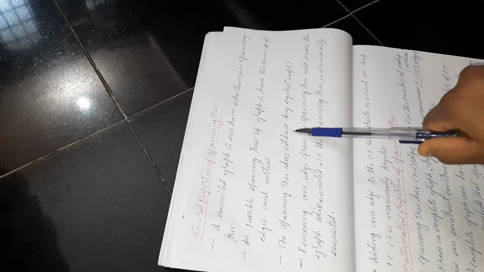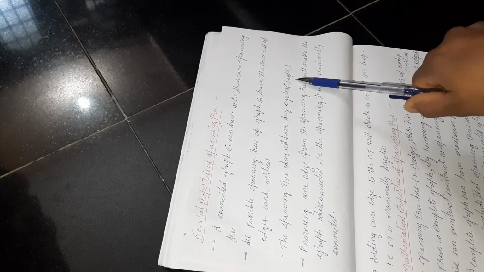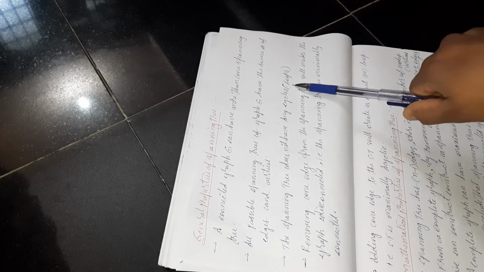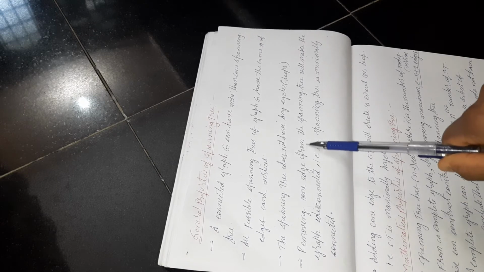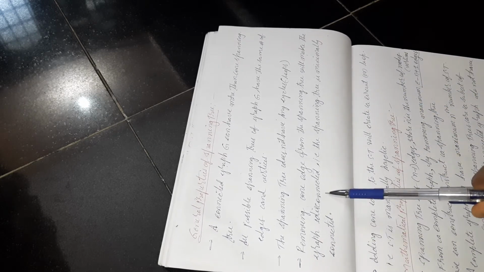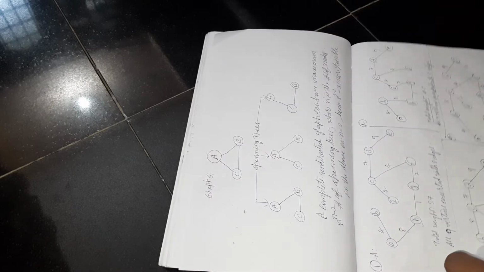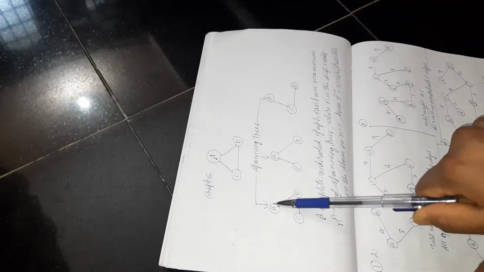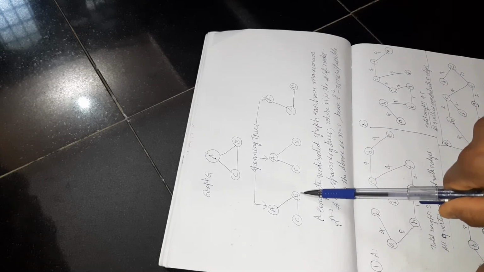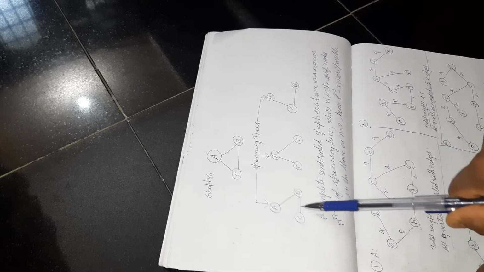The spanning tree does not have any cycles. A spanning tree should not have cycles, that means loops. If we remove one edge from the spanning tree, it will make the graph disconnected. Suppose this is a spanning tree, if we remove edge B, then it will become disconnected.